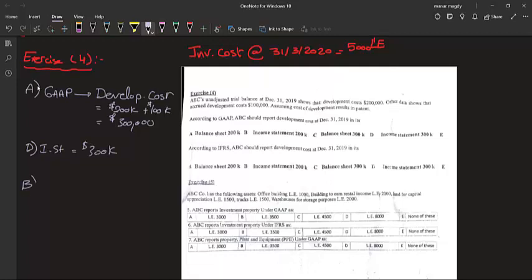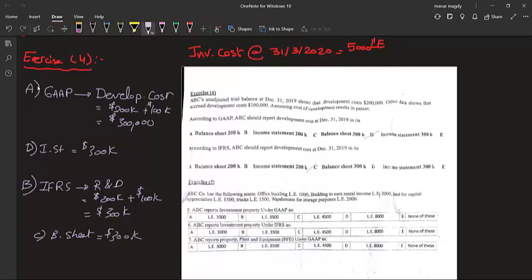While under choice number B, under IFRS there is a specific category for R&D, so we will add also the 200,000 plus the 100,000, so the total summation would be 300,000 and it would be included in the balance sheet, and the choice would be C, it would be in the balance sheet, equal to 300,000.